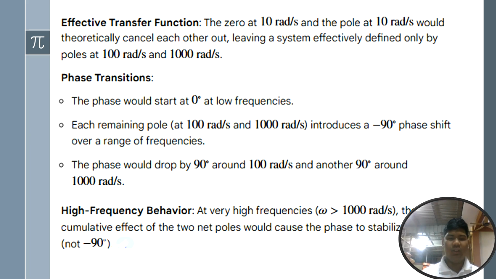High frequency behavior, at the very high frequencies, omega higher than 1000 radians, the cumulative effect of the two net poles would cause the phase to stabilize at negative 180 degrees, not negative 90 degrees.